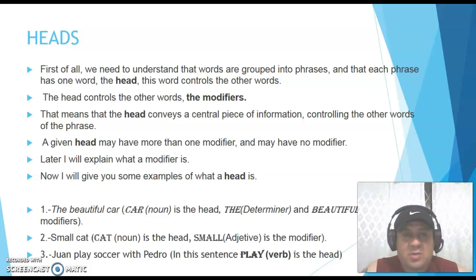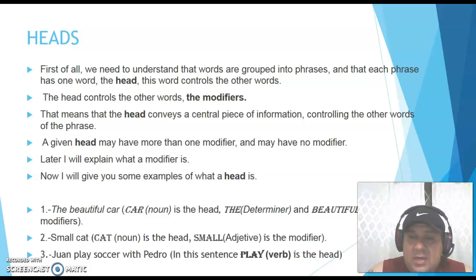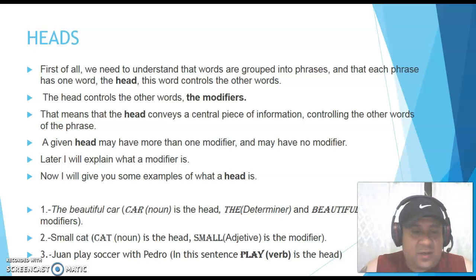Now, I will give you some examples of what a head is. For example, in these sentences we have the beautiful car. Car is a noun, which is the head of the phrase. The is the determiner, and beautiful an adjective. These two are the modifiers of the phrase. Number two, small cat. Cat is the noun and is the head of the phrase. Small is an adjective and is a modifier.